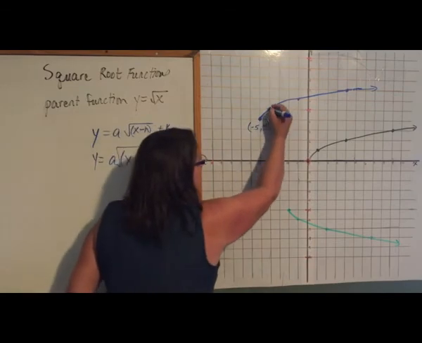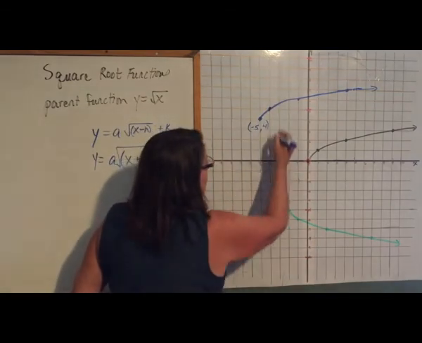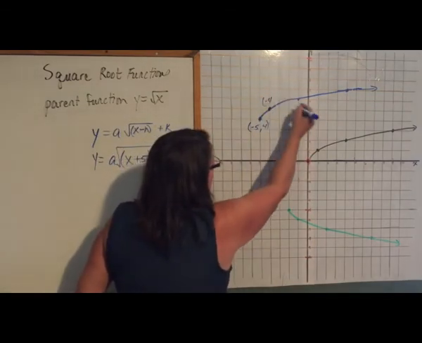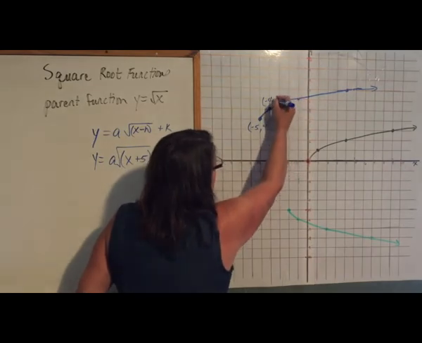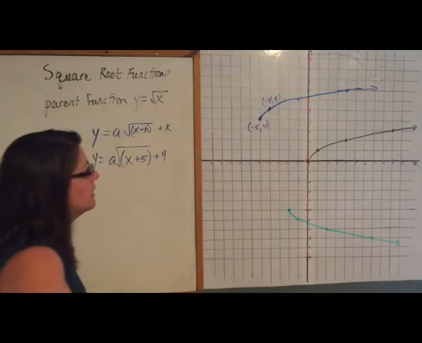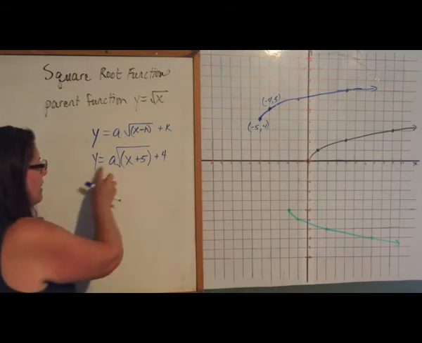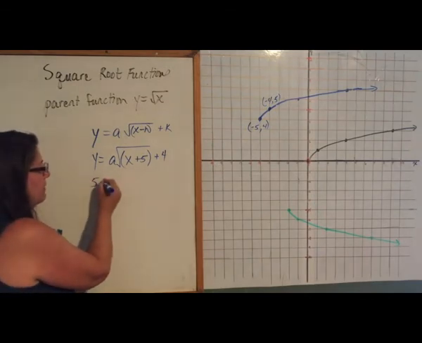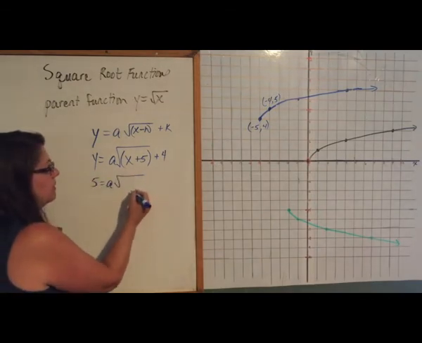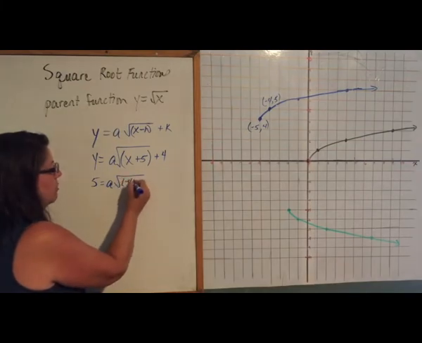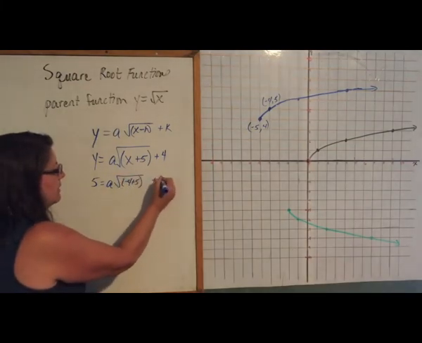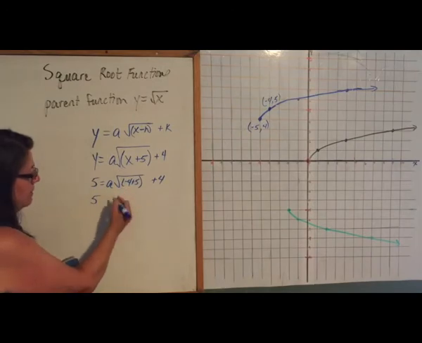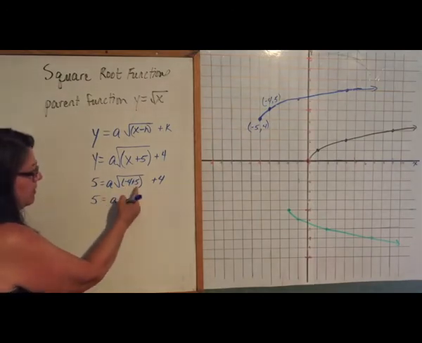I'm going to use this one right here. That's -4, 5. So I'm going to plug negative 4, 5 in for x and y. So y is 5. I've got negative 4 plus 5 inside. If I do the math, negative 4 plus 5 is 1.